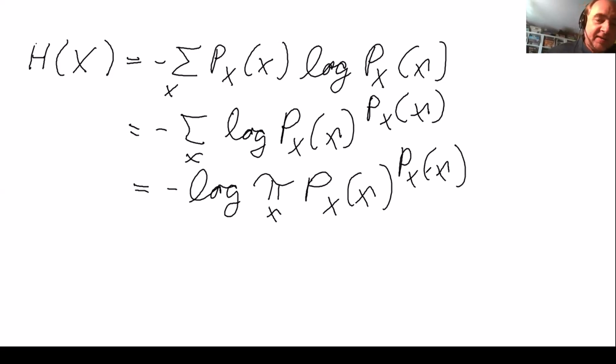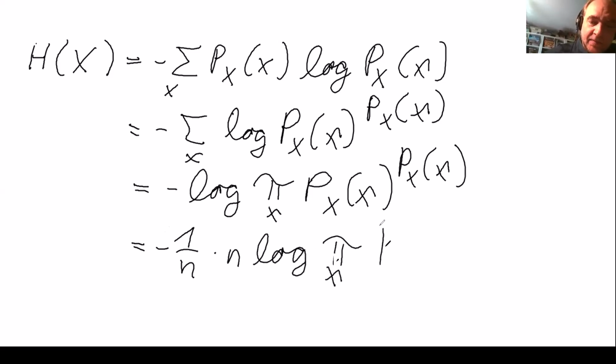And now, just to see that it's the same as the equation we wrote there, we write here 1 over n times n log the product of P_X(x) to the P_X(x).